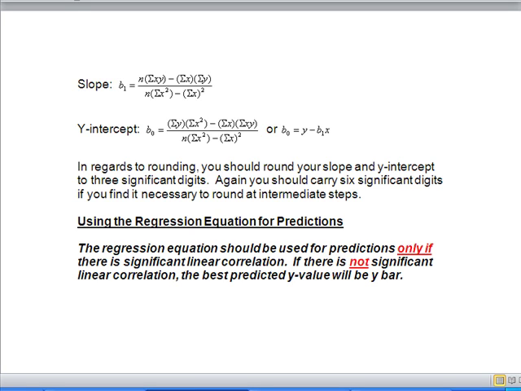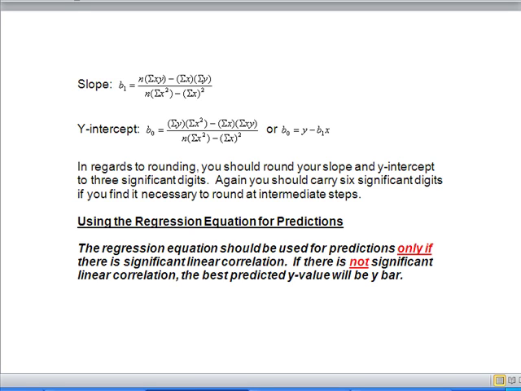As in the previous section when we had the formula for our linear correlation coefficient, b sub 1 and b sub 0 have nasty looking formulas. You can see a lot of summations in there. We're using n, the number of data pairs. We're multiplying x times y. We're summing up x and summing up y and multiplying them together. We're squaring x and adding those up. We're adding up the x's and then squaring that. So we have a lot of computation to do in order to come up with the slope if we're doing it by hand.